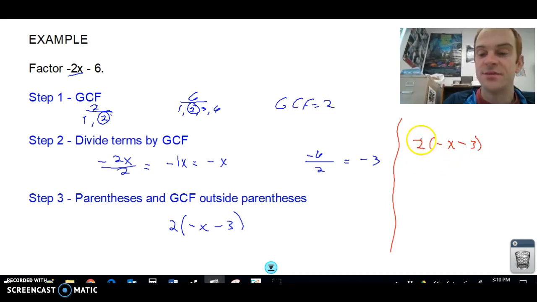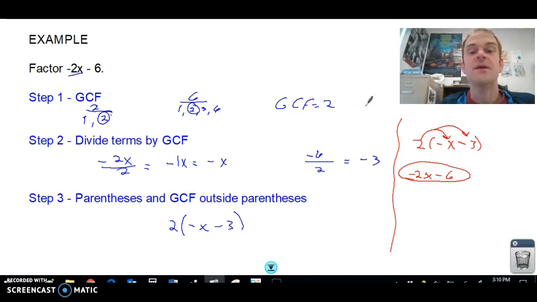I'd use the distributive property to multiply 2 by both of the terms inside. 2 times negative x is negative 2x. 2 times negative 3 is negative 6. How does this compare to what I started with? They're the same thing. So I've done my steps correctly, because this is an equivalent expression. It's just another way of writing our original expression.